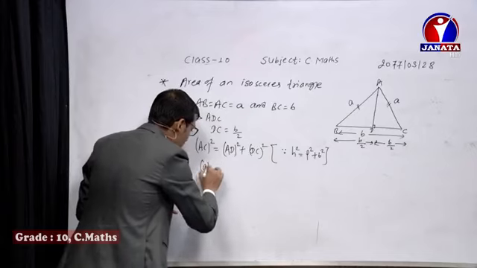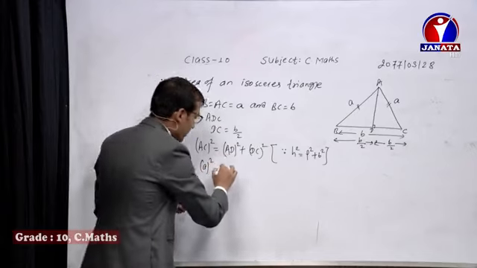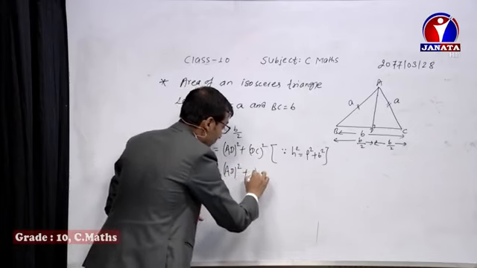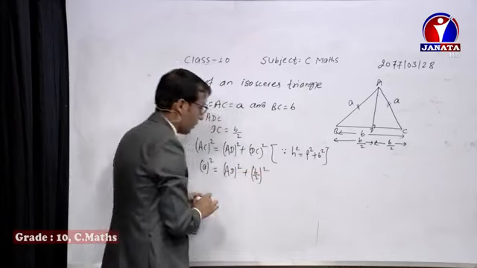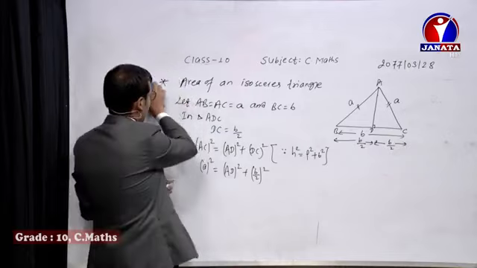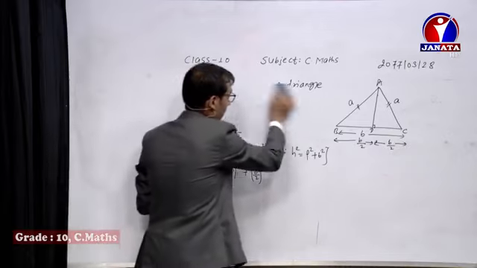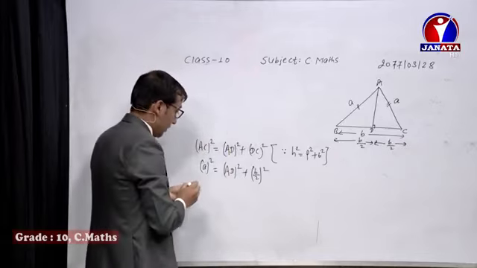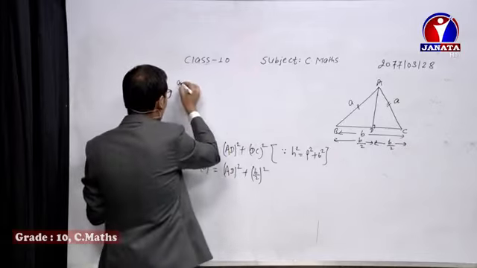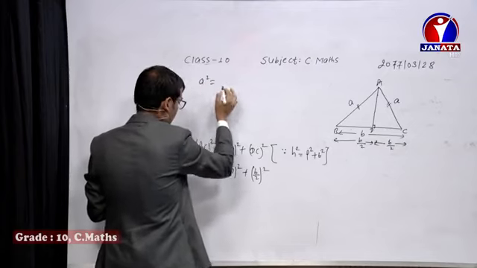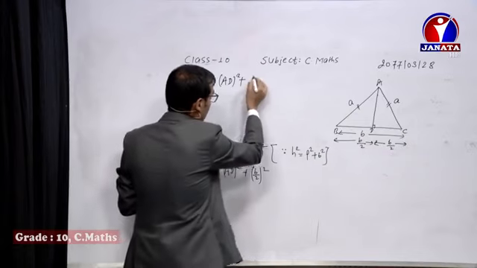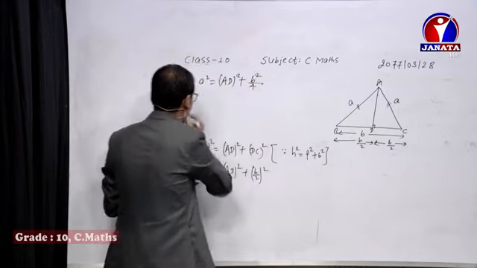It's A, so A square is AD square, AD is unknown, plus B over 2 whole square. So let me erase and write here on the top. And we are simplifying for AD, so A square is AD square plus B square by 4.